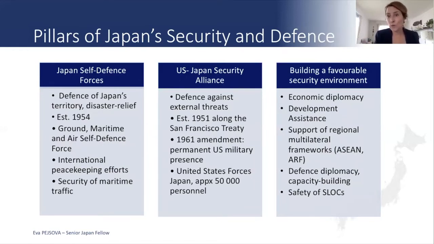It does so, and always did so, through an active economic diplomacy, also known as checkbook diplomacy, by providing development assistance to its neighbors, especially during the Cold War period, by supporting regional multilateral frameworks such as ASEAN, and more recently by investing in defense diplomacy, in active defense dialogue and trainings and capacity building with its regional and global partners.